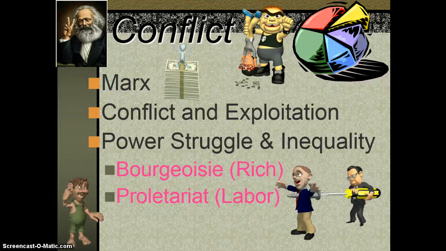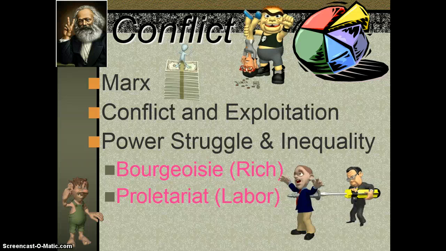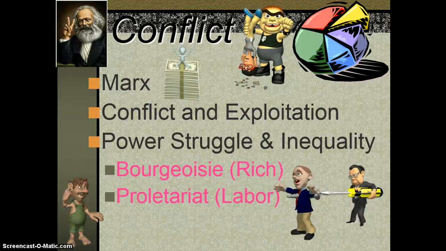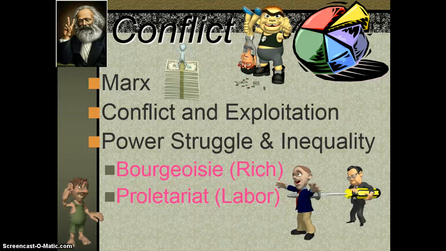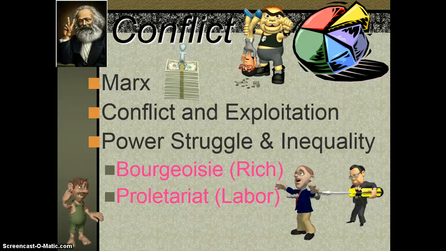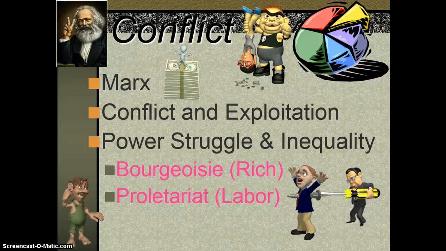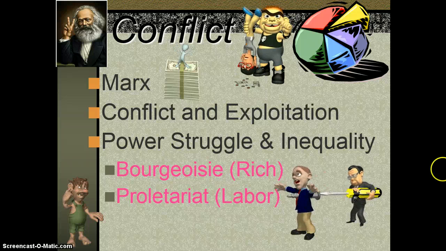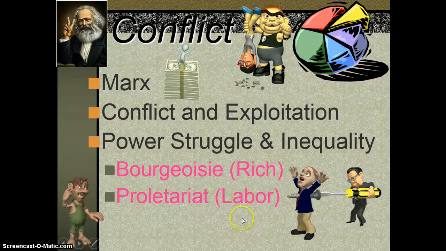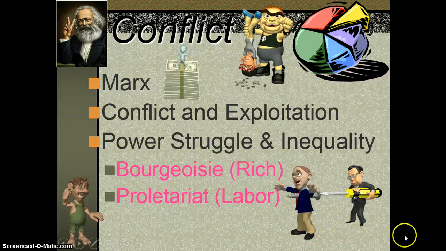Now, if you remember when I talked about functionalism, the major question to ask whenever you read about functionalism is, what purpose does a particular thing serve within society? Well, whenever you read about conflict perspective, the major question would be, in very blunt language, who's getting screwed?